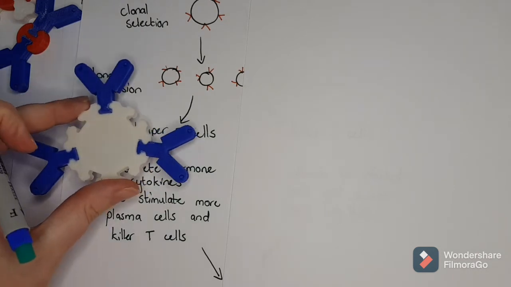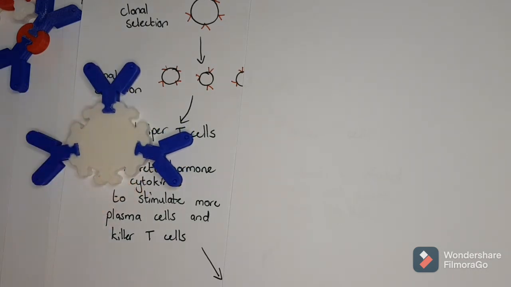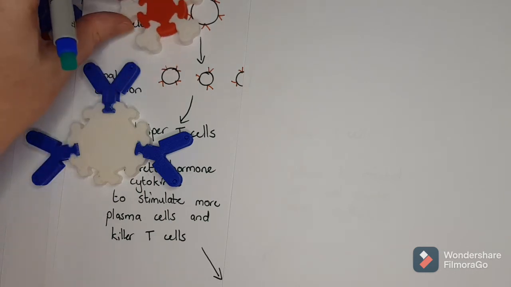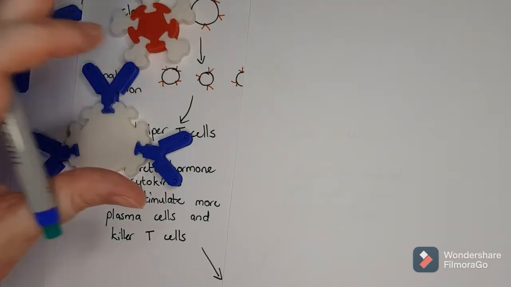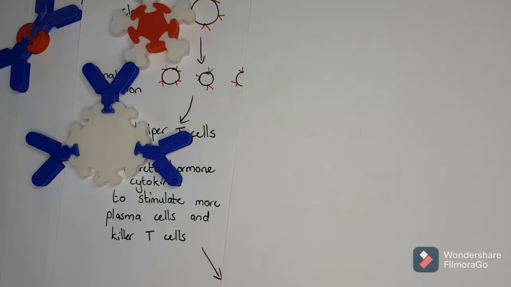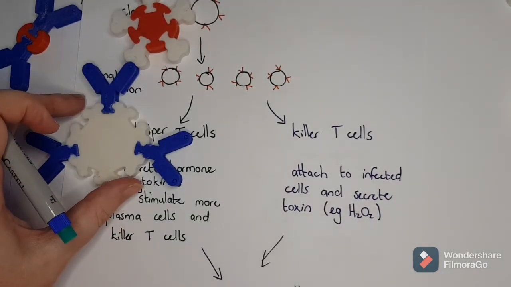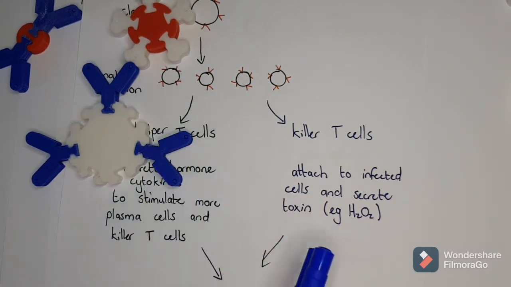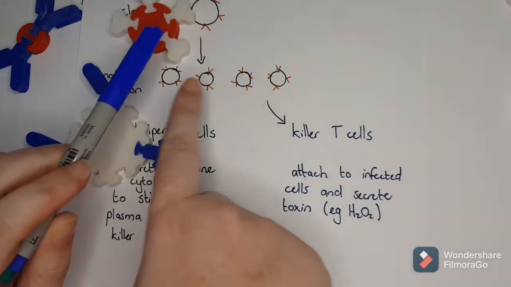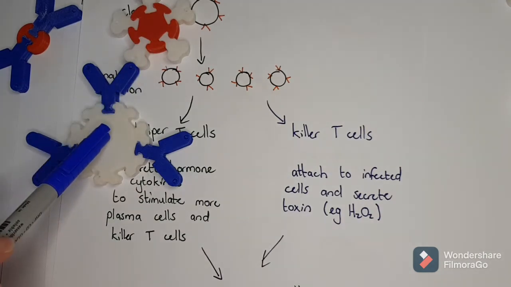So it just means that we're going to make more and more and more of them, so that as those pathogens keep dividing, we can keep sticking them and keep killing them. And then the killer T cells come along and attach to any cell that has been infected and has started to display those antigens on the outside.